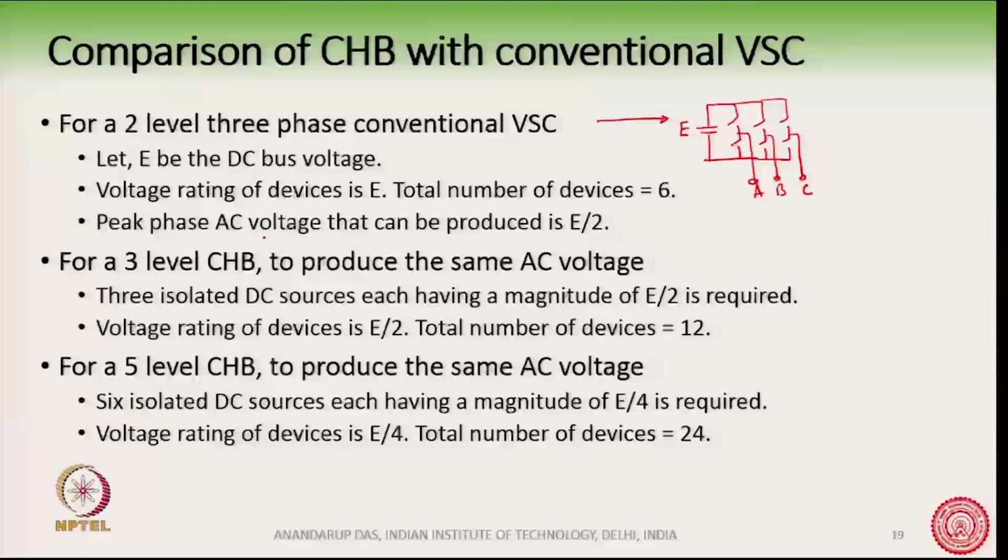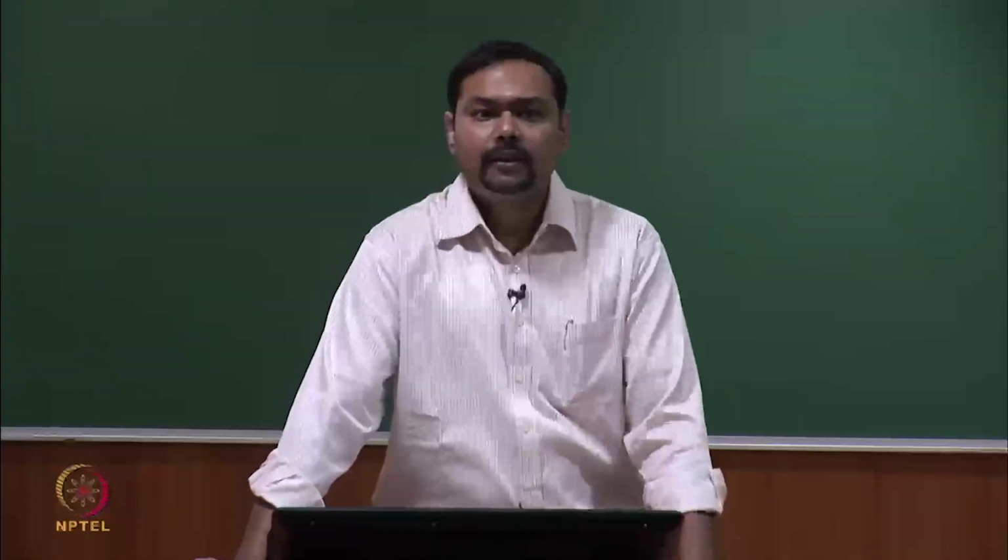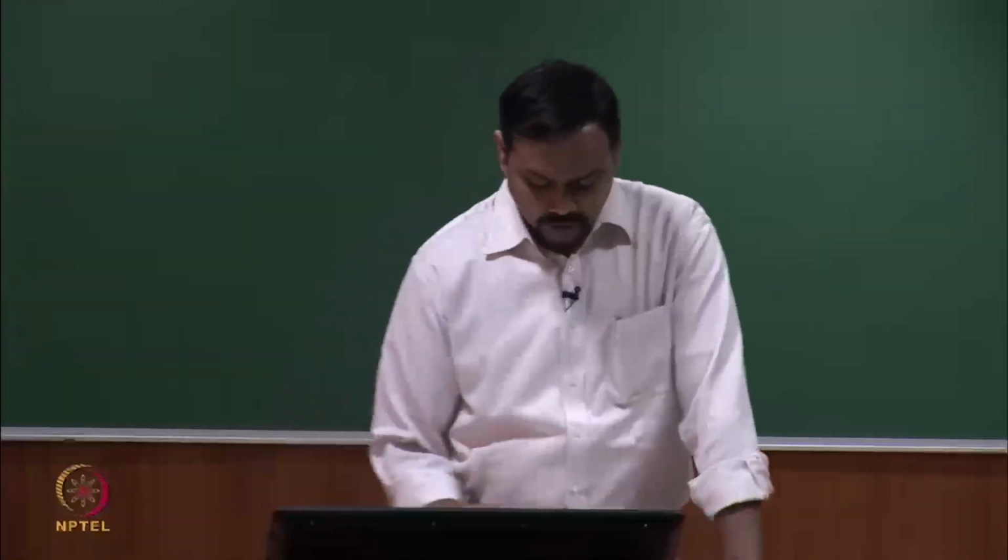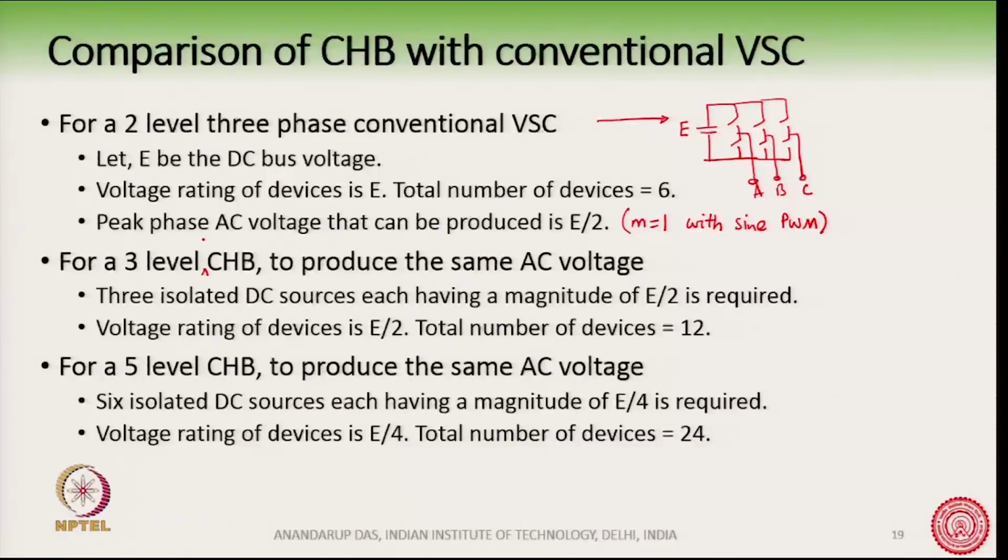So, the peak phase AC voltage, for m equal to 1 with sine PWM, is therefore E by 2. Now, let us compare this with a 3 level 3 phase CHB, and also a 5 level 3 phase CHB.